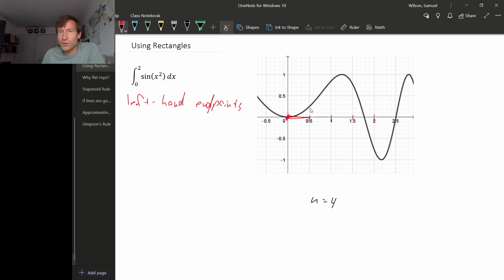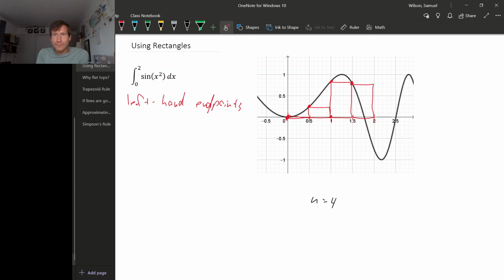On the second interval, the height is up here, and so our rectangle is that high. On the third interval, our left-hand endpoint is 1, the height of the function at 1 is up here, and so our rectangle looks like that. And on the fourth interval, the left-hand endpoint is 1.5, and so our rectangle looks like this. Of course, if we wanted a good approximation, we would use many more rectangles than just 4, but this is just for illustration.